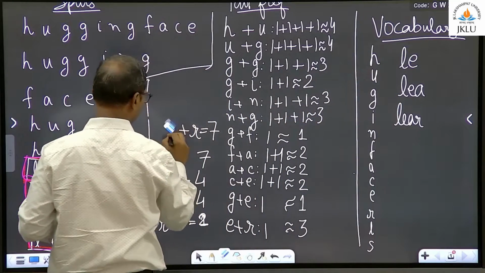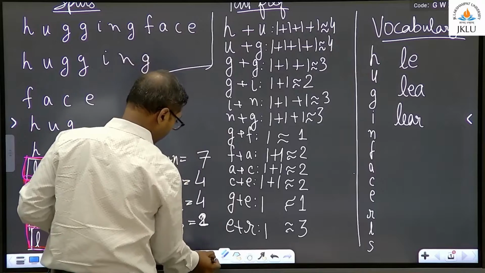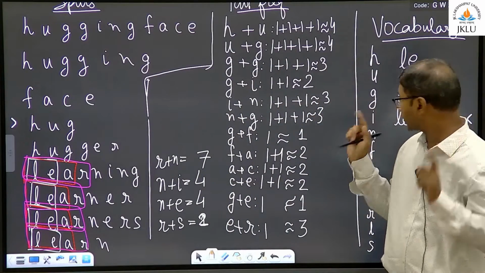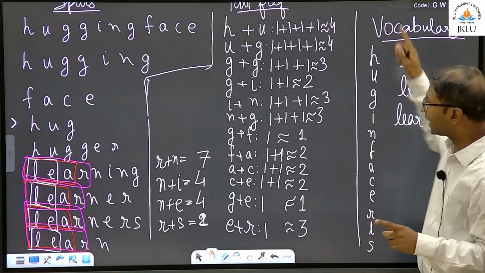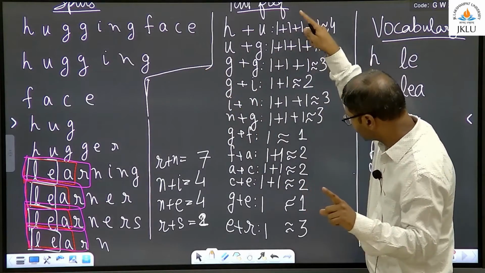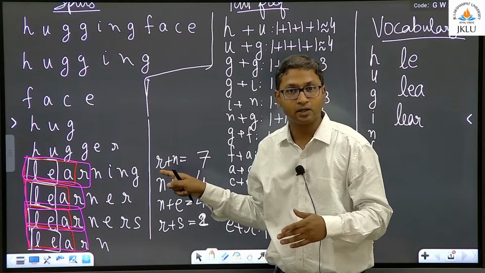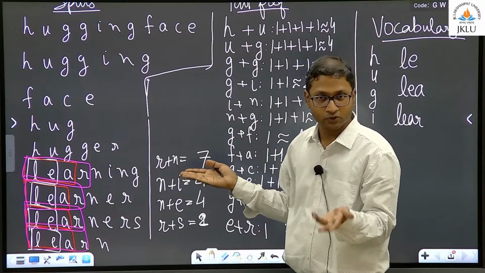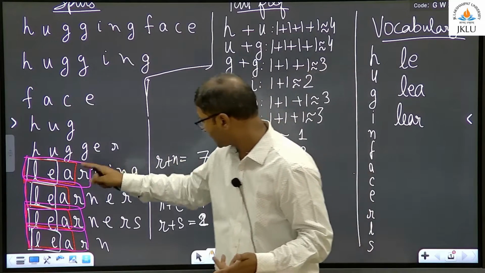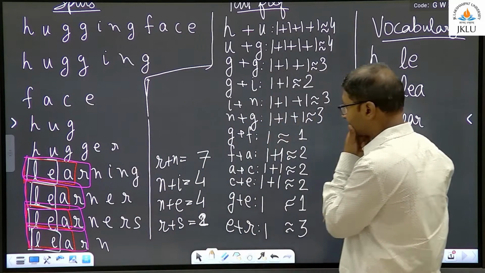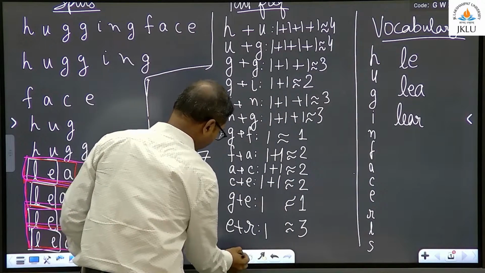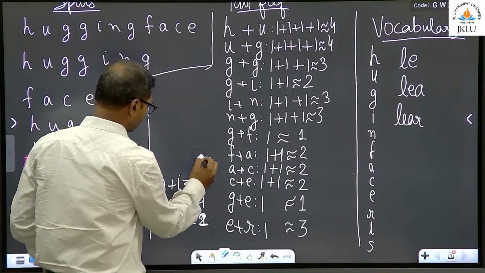So this one, am I at the fresh start of this iteration? Okay. So this is my vocabulary. I redo this whole thing again. I scan from here, highest is R plus N. So in this case there is no tie, so there is no tie to break. R plus N. What do I do next, guys? Right. That is what I was about to say.